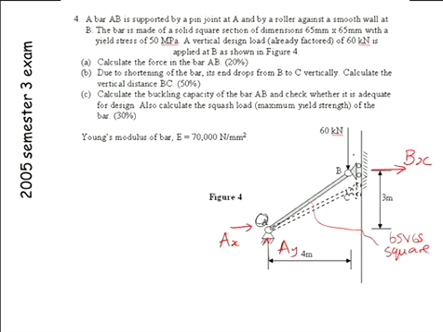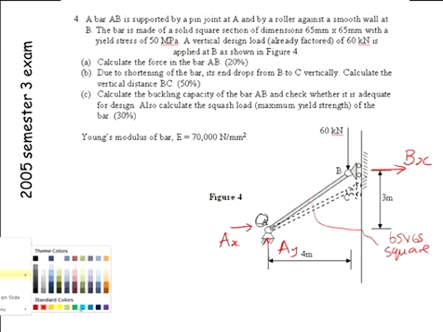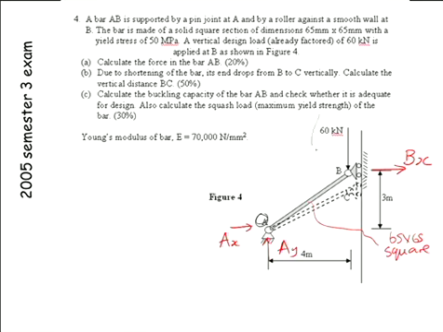A 60 kilonewton force is applied vertically down at B. Part A, calculate the force in bar AB. So people get confused by this. Method of joints. That's all you need to do here. So when I say method of joints, you'd say, okay, I'm going to consider that as my free body diagram.